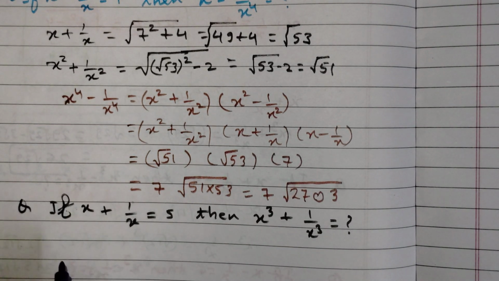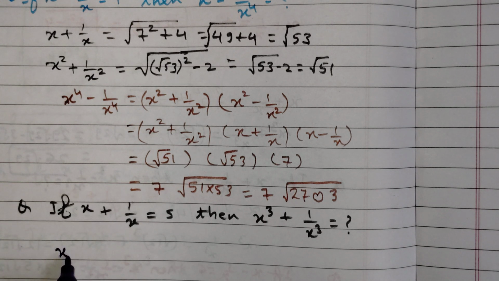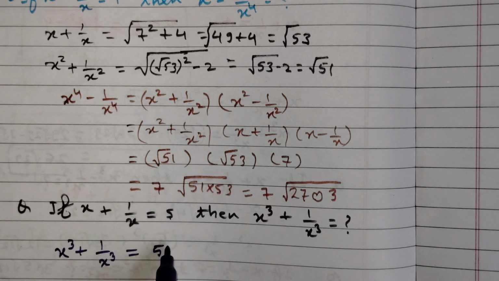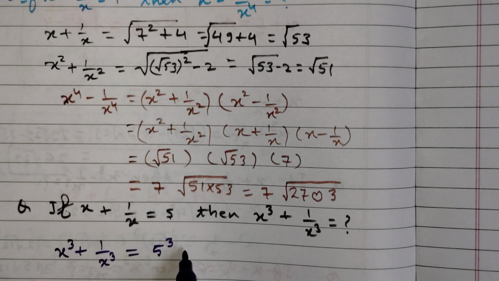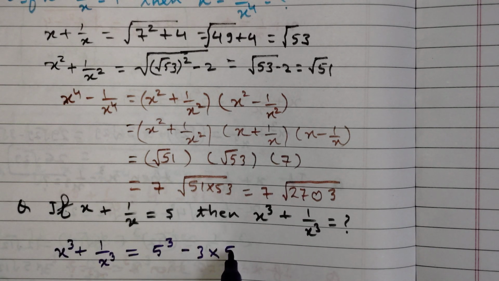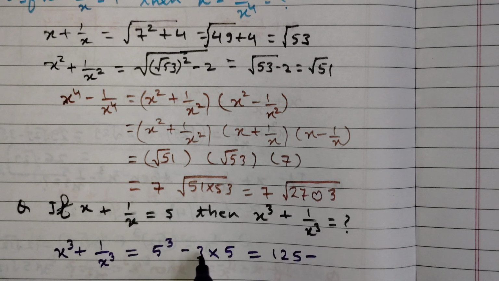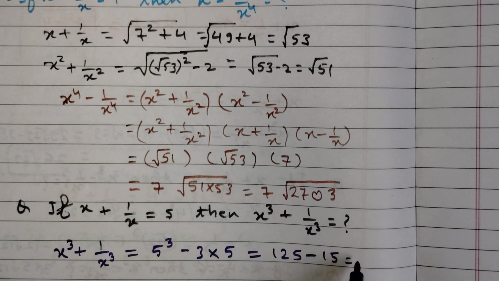So in this question, we use the x cube plus 1 upon x cube formula. First we find the cube, then we write the opposite sign, then 3 times of this number. So 5 cube is 125, then minus 3 times 5 is 15, we get 110 as the answer.